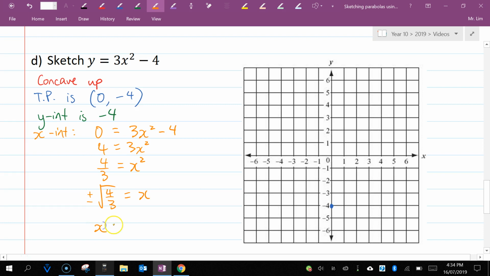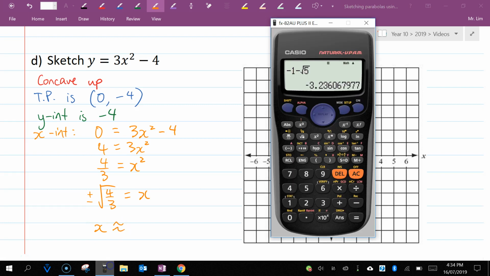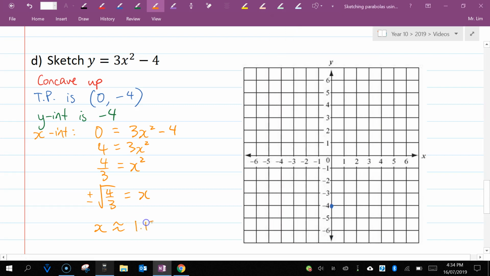So x is approximately equal to square root of 4 over 3, which is 1.15. And it will be negative 1.15 for the other one, which is about there and about there. So it's quite steep.